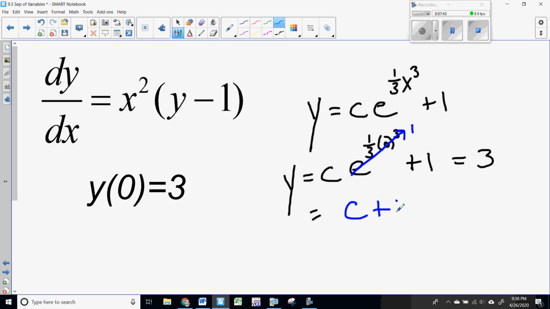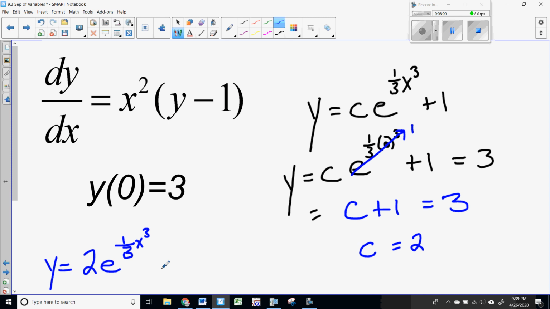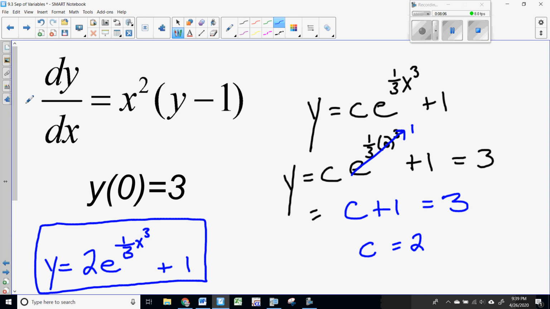So we get c plus 1 is 3. So c is equal to 2. So my particular equation here is 2e to the 1/3 x cubed plus 1. That equation solves my differential equation, and that function solves my initial value problem.